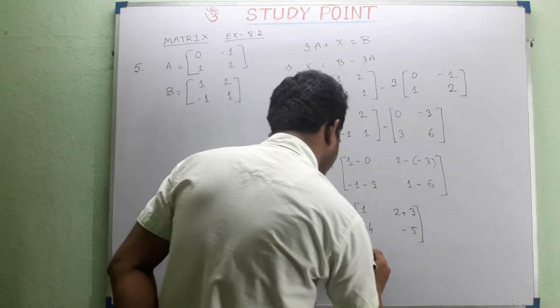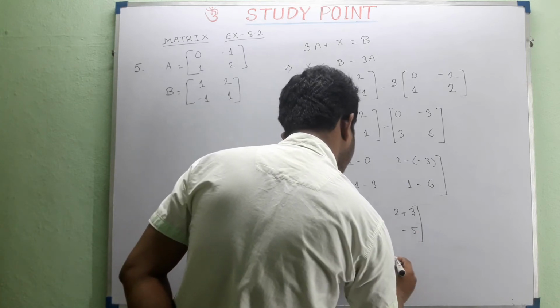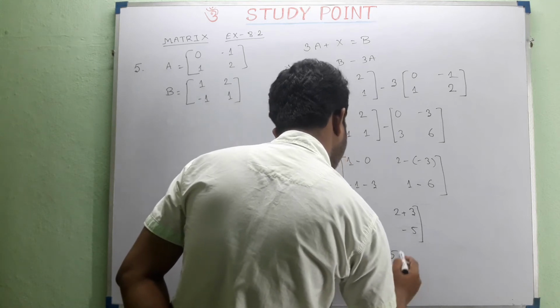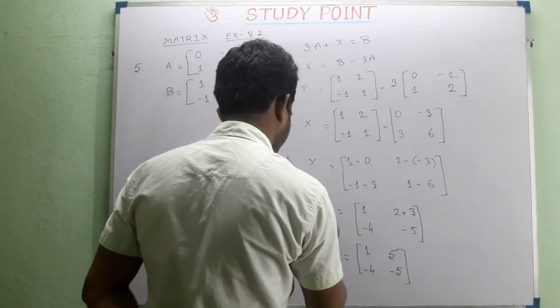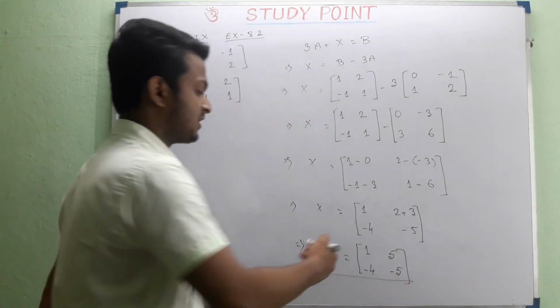See, after solving it will be 1, 5, minus 4, minus 5. So this is the value of this X matrix.